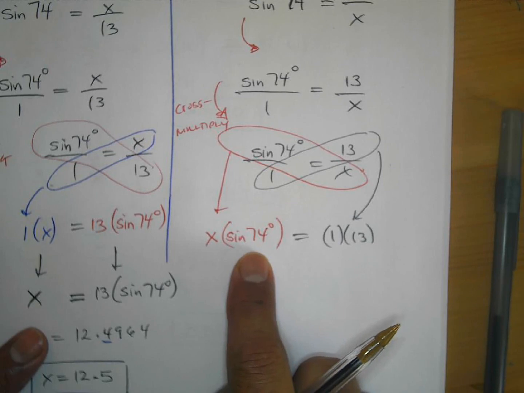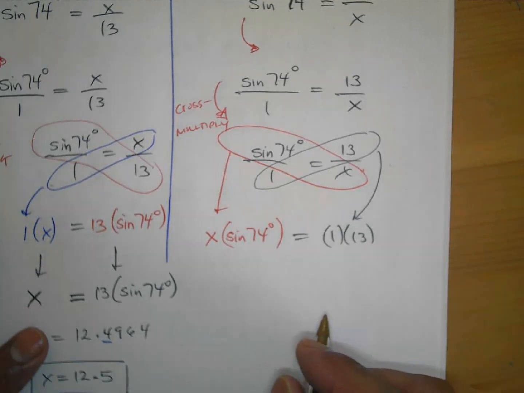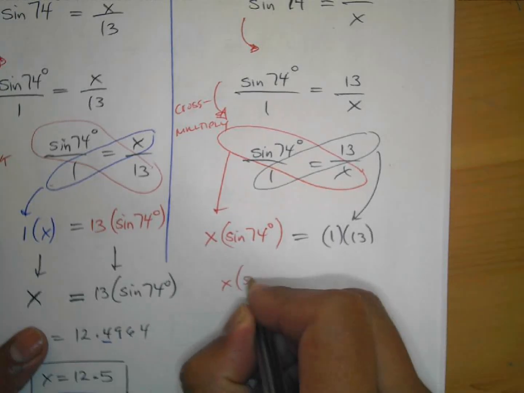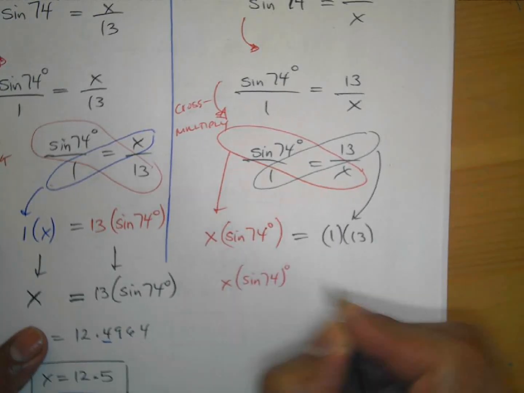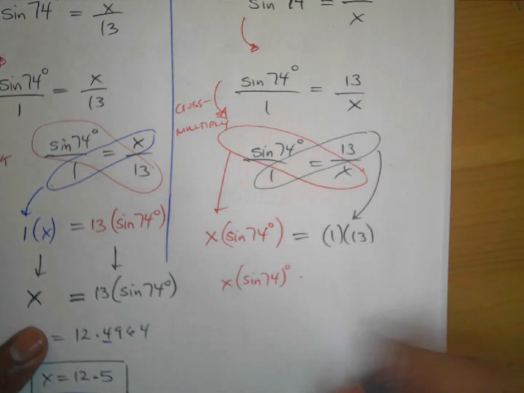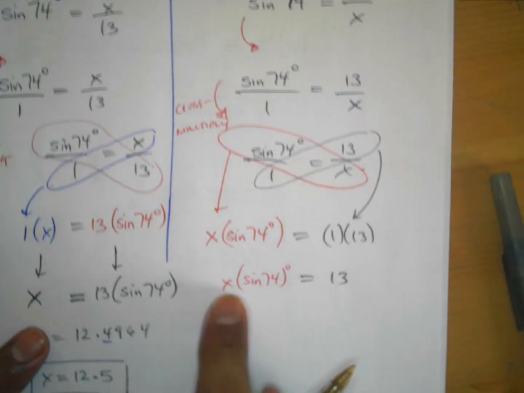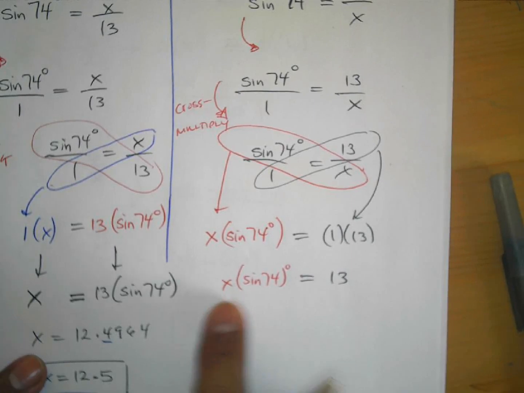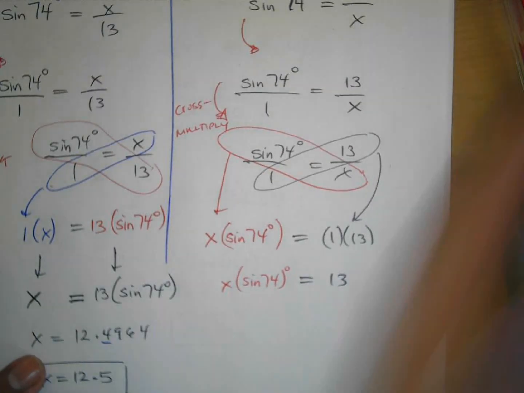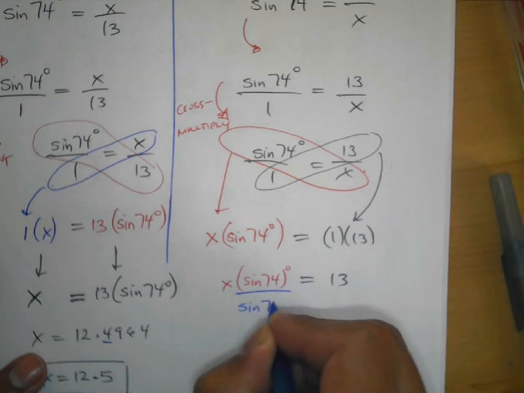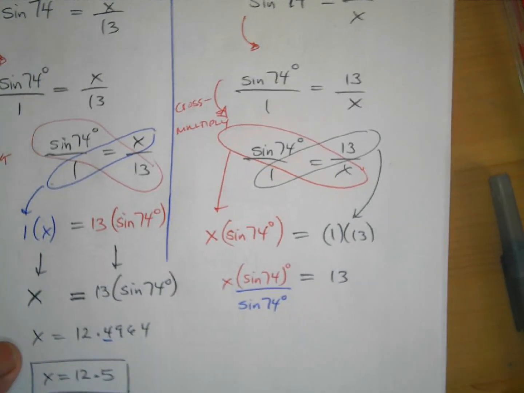This one, it's not. So what you have to do here is x times sine of 74 is equal to what? Well, 1 times 13 is just 13. To solve for x, remember, this is multiplication. So to undo a multiplication, you divide by this sine 74.